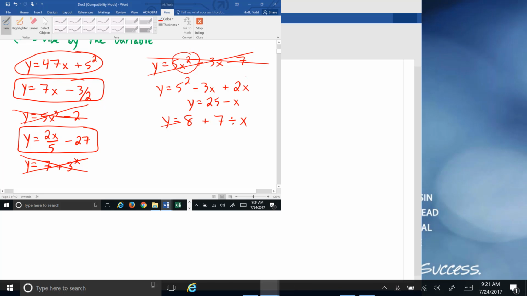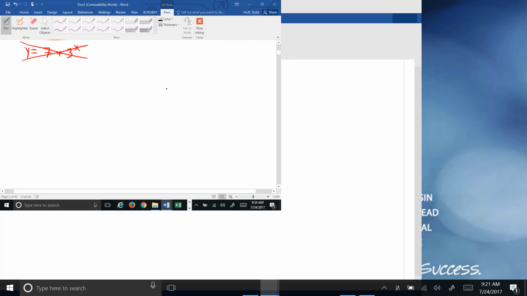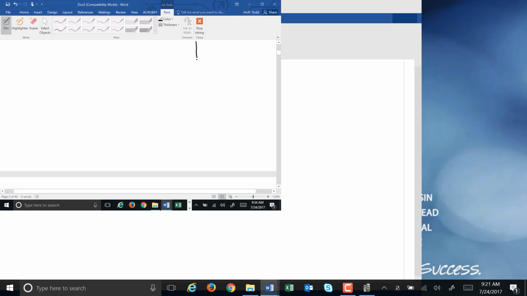It is not a line because we're dividing by x. Even though it's not 7 over x, we're still dividing by x. So now that we can look at an equation and tell relatively quickly if it's going to be a line or not, let's focus in on lines and see if there's a shortcut for graphing them.